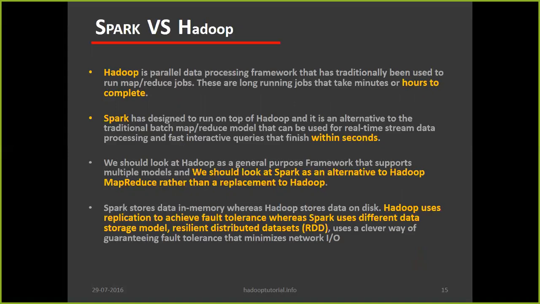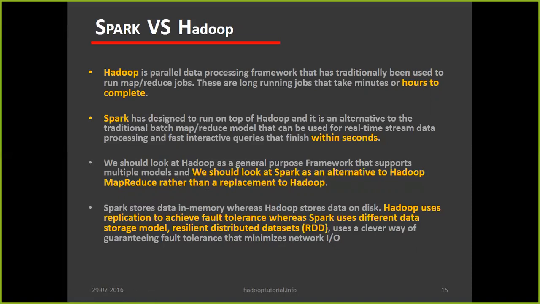HBase will be relatively faster than your Hive. But still, when we say the pure Hadoop framework, it's mainly MapReduce, so it takes minutes and hours to complete, whereas your Spark can complete within a few seconds. Meaning, you will get a real-time response or interactiveness in Spark, whereas Hadoop is batch-oriented.